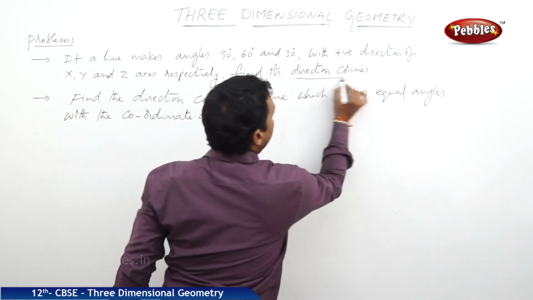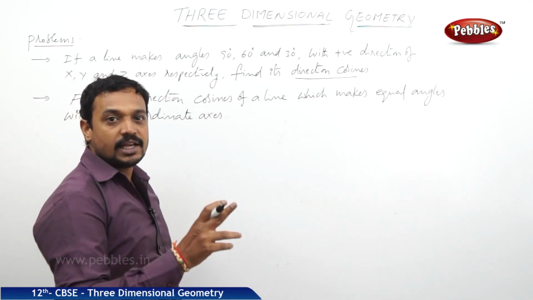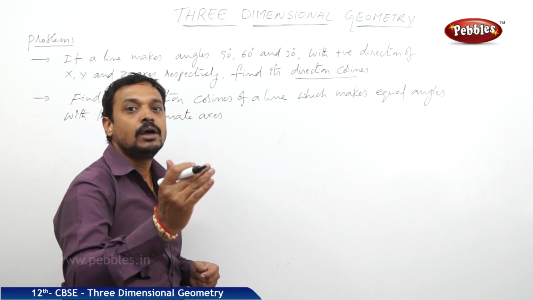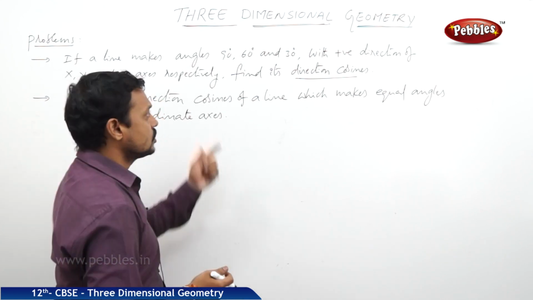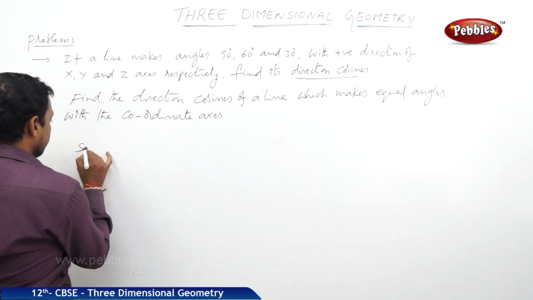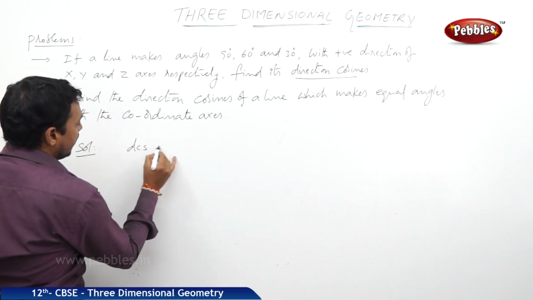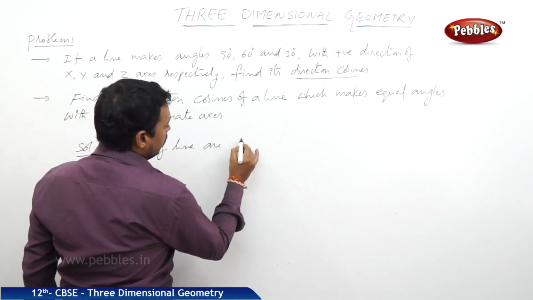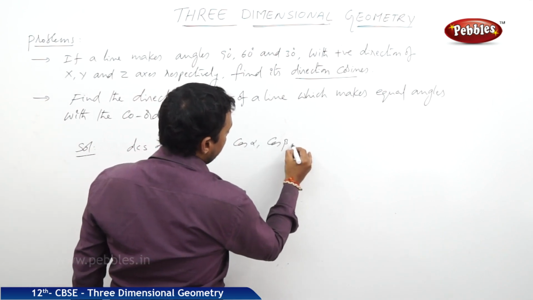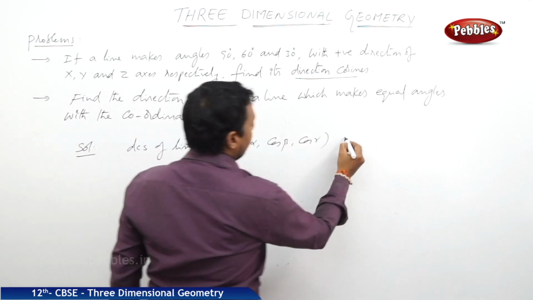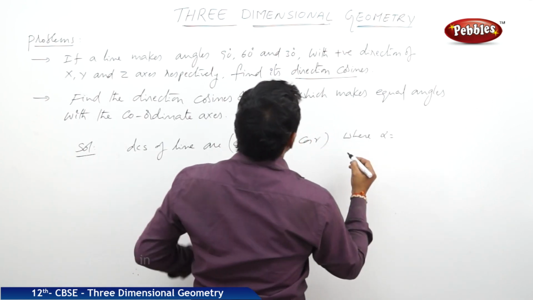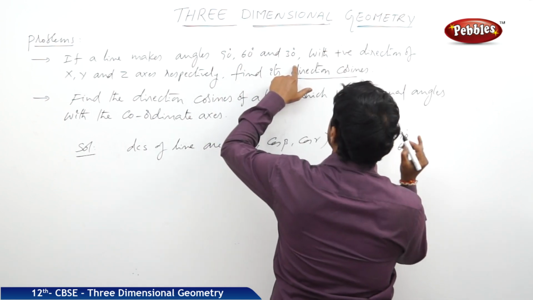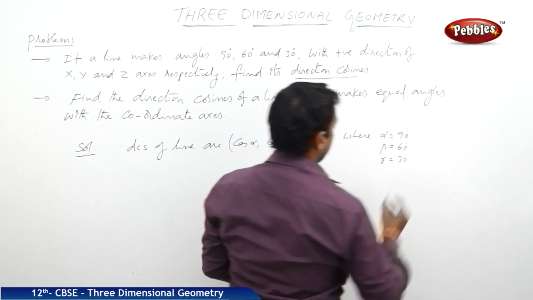So, what is the definition of direction cosines of a line? If any line makes angles alpha, beta, gamma with the three coordinate axes x, y, z, then cos alpha, cos beta, cos gamma are called direction cosines. So here the DCs of the line are cos alpha, cos beta, cos gamma, where alpha is equal to 90 degrees, beta is equal to 60 degrees and gamma is equal to 30 degrees.